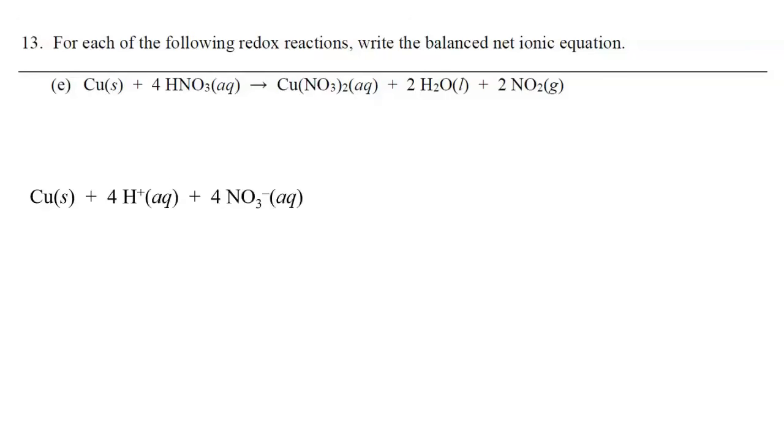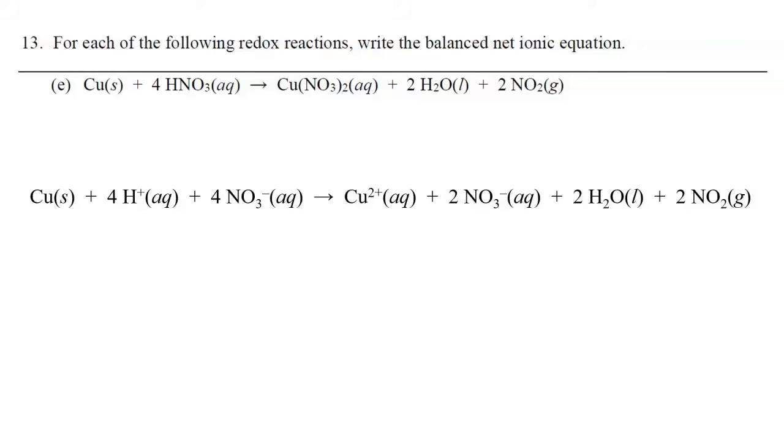We're going to split up copper nitrate into a copper 2 plus ion and 2 nitrate ions. And since water and NO2 are molecular compounds, a pure liquid and a gas, they're covalent, they exist as molecules, no change. So we leave them as is. Let's cross off the nitrate ions on both sides, but we have 4 nitrate ions on the left, and we have only 2 nitrate ions on the right.